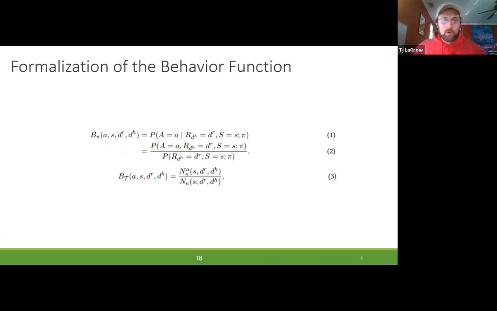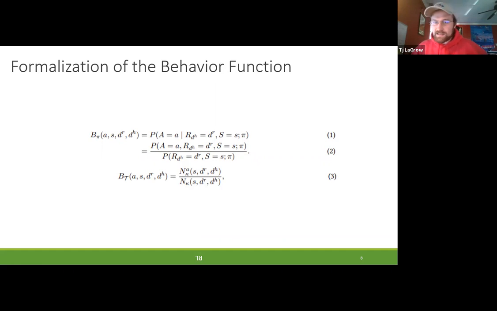To get a little more formal, the agent is given a command indicating that the return of DR, or the desired return, is to be achieved in the next desired horizon, denoted DH. So the behavior function gets an action, state, desired return, and the desired horizon. We here let S and A be random variables denoting the environment state and the agent's next action, respectively.